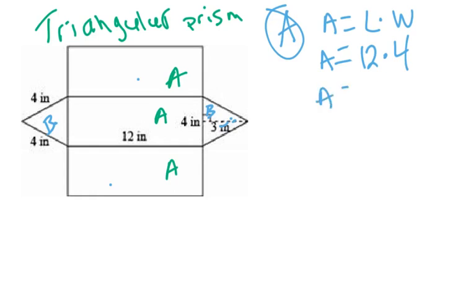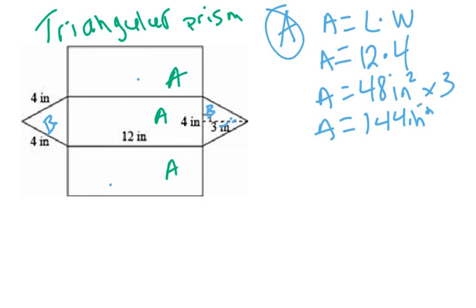So my area for the A section is going to be 48 inches squared. Now, I have 3 sections that are A's, so I need to take 48 times 3, which is 144 inches squared for my A.